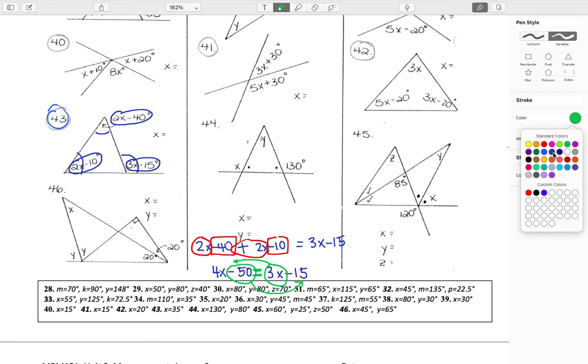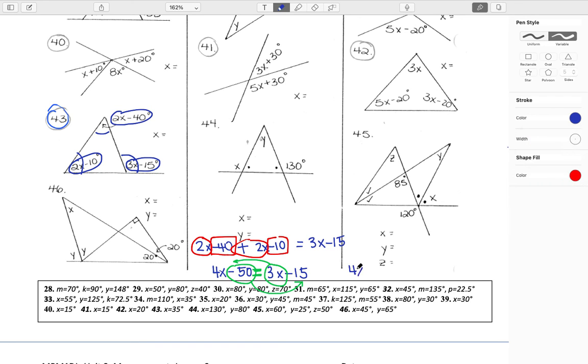So on the left side, I have 4x, and because positive 3x is moving across the equal sign, it's now becoming negative 3x equals. On the right side, I have negative 15 already. So negative 50 will now become positive 50.